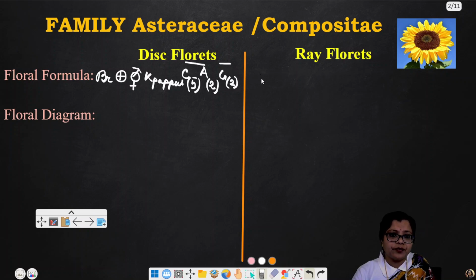And for the ray florets, we have learned bracts present. It is zygomorphic, either pistillate or neuter.